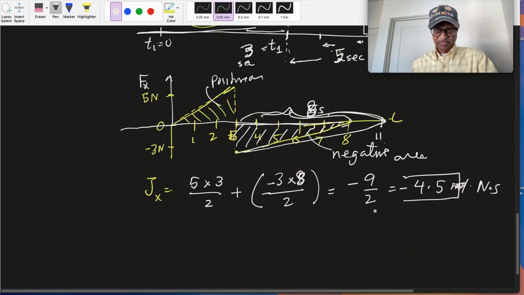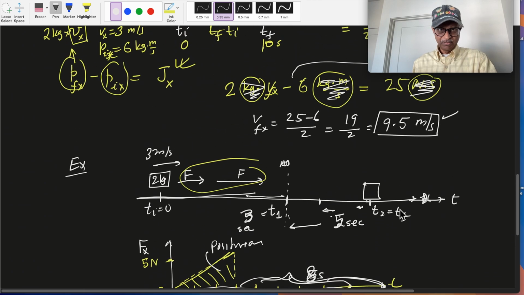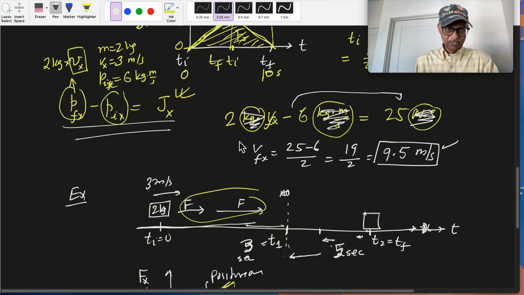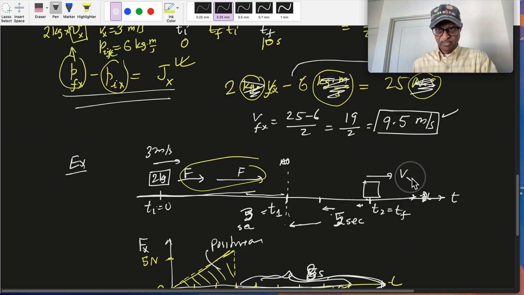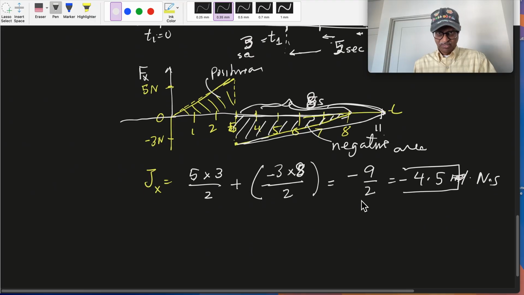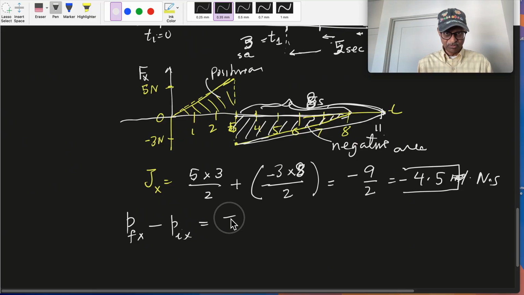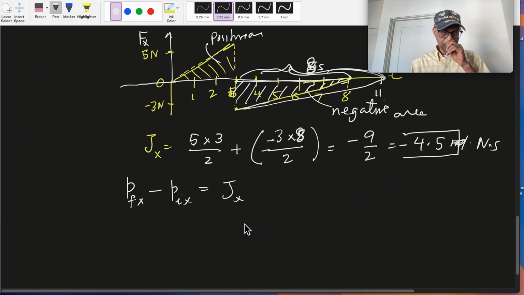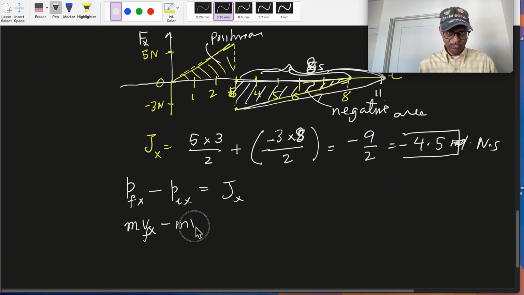So now the impulse is this, and we do the same thing to figure out what the Vx will be. It could be this way or it could be that way, so we don't know till we solve it. So I have P final x minus P initial x should be equal to Jx. P final x is m v final x minus m v initial x equal to J initial final x.